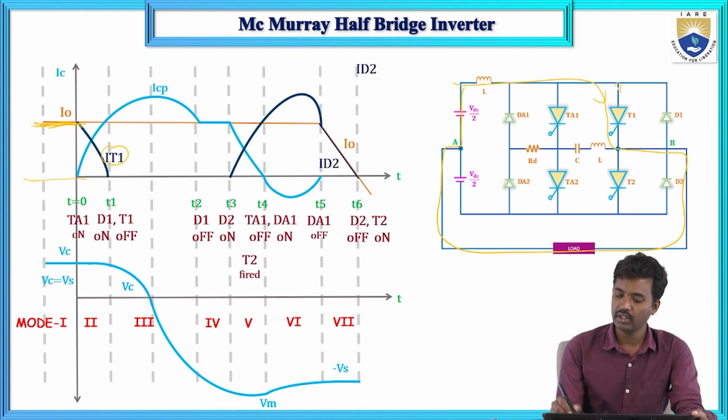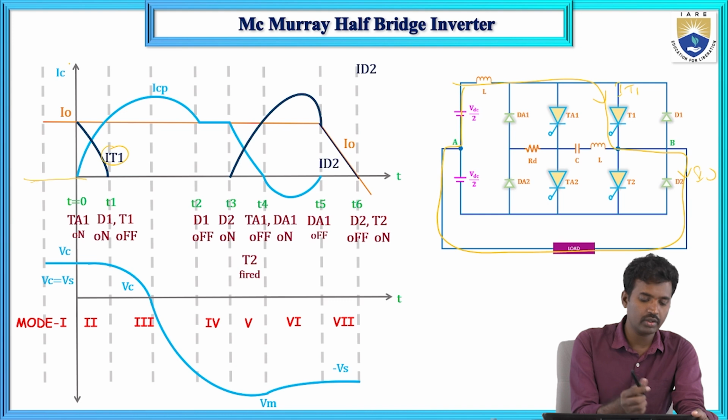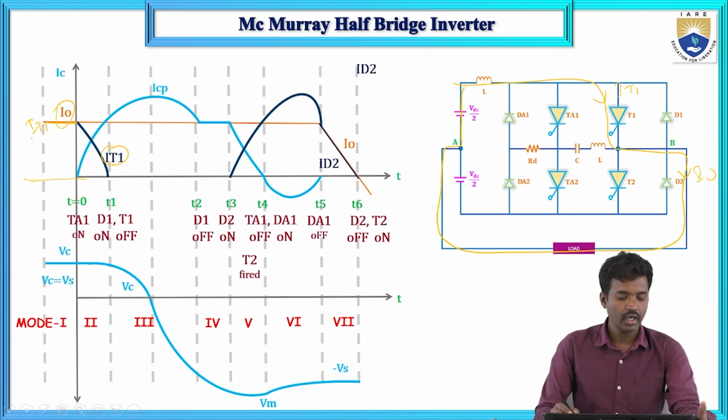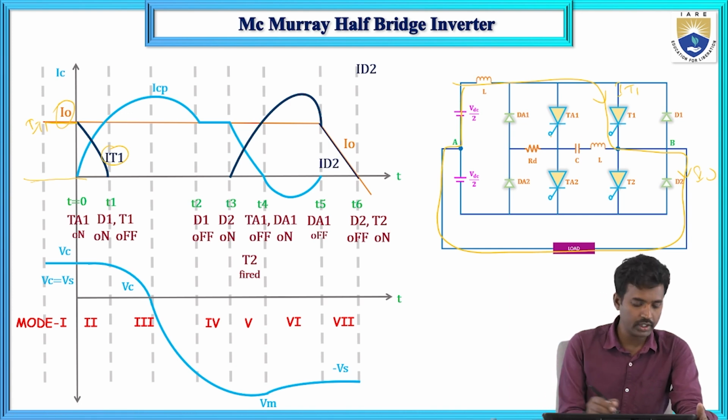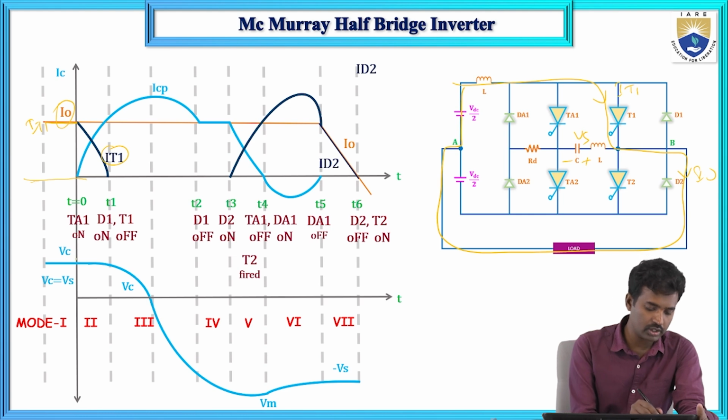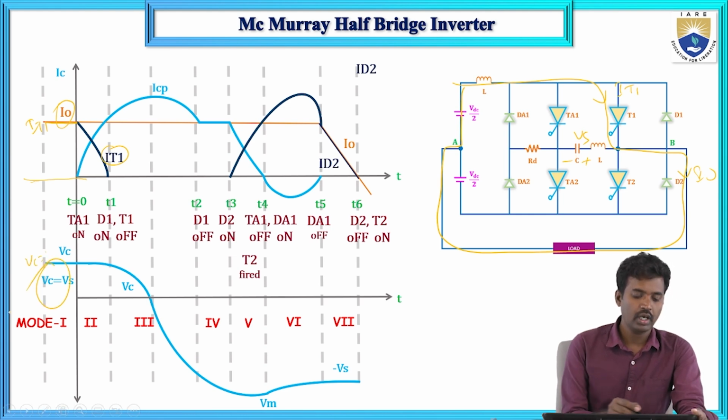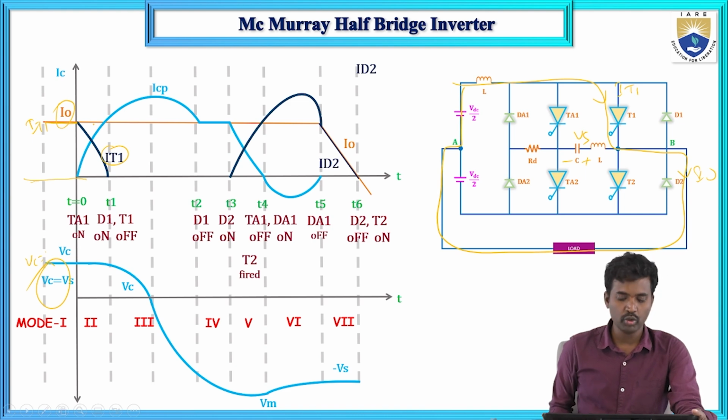So IT1 equals I0. And next, the capacitor voltage is plus Vs, with plus and minus polarity as marked. So the capacitor voltage Vc equals Vs.